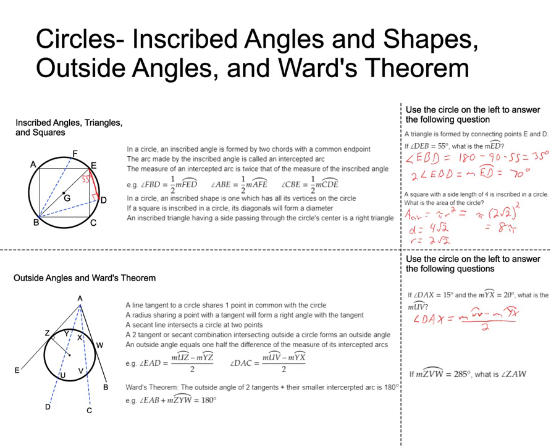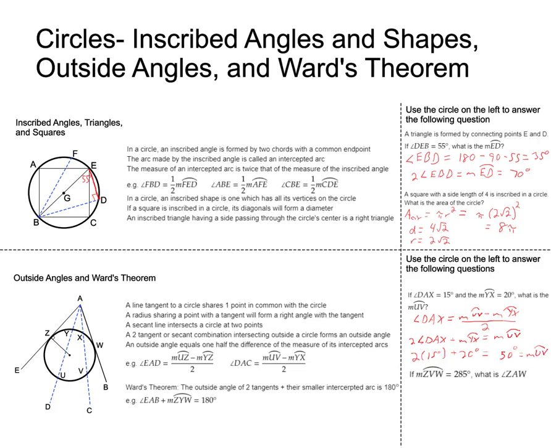So we'll get 2 times angle DAX plus the measure of arc YX equals the measure of arc UV. When we plug in our numbers, we get 2 times 15 degrees plus 20 degrees is equal to 50 degrees, which is equal to the measure of arc UV.